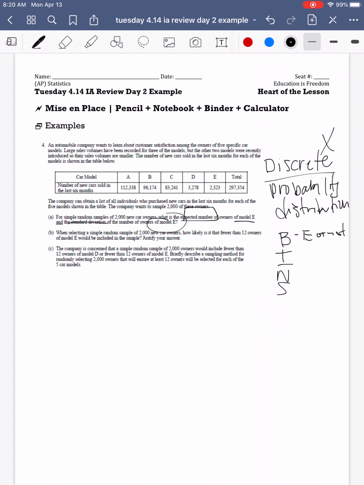For independence here, for testing independence, we just have to see, okay, are we taking a large sample here, but not too large? Well, if I do 2,000, my sample, over the population, my total here, 297,354, that's definitely going to be less than or equal to 10%.